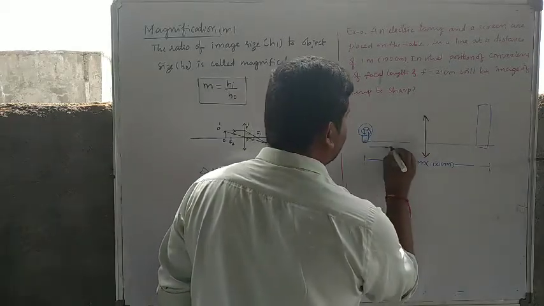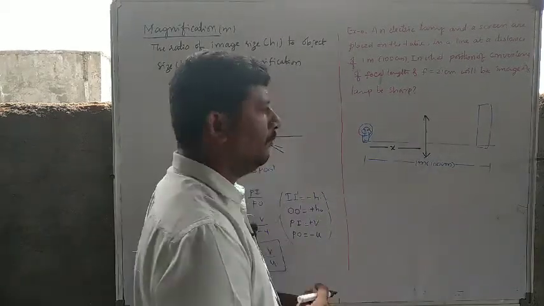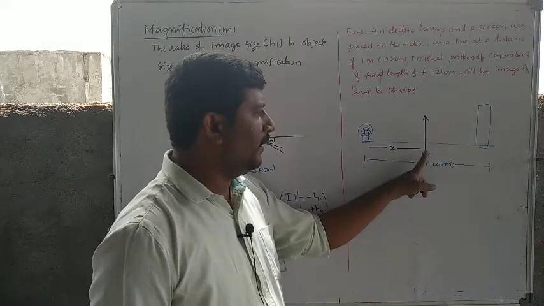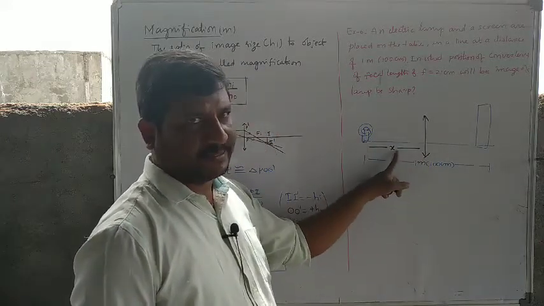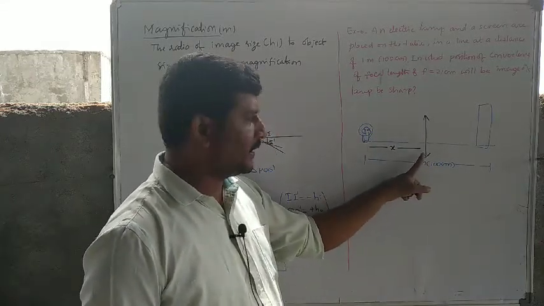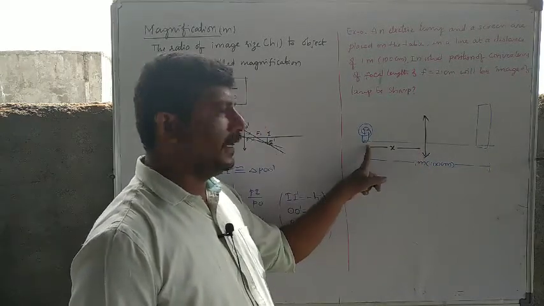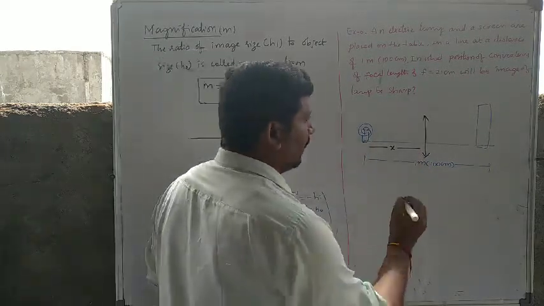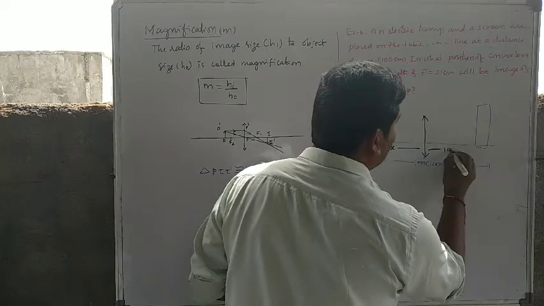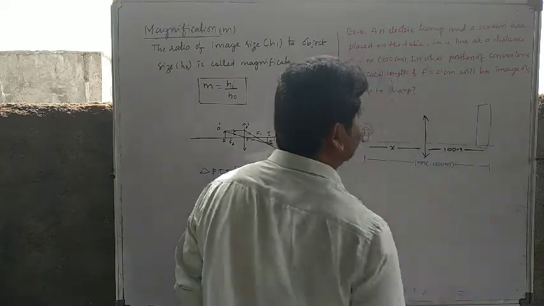Let us say the distance between the convex lens and the bulb is x. The remaining length will obviously be 100 minus x.